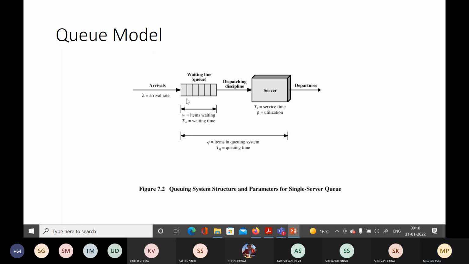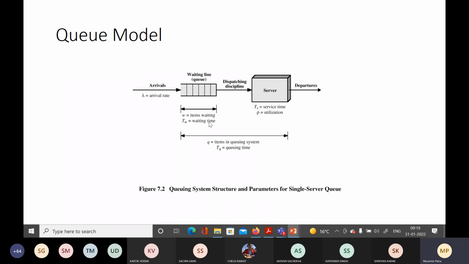So basically jobs are arriving, and they need to wait in the queue until their turn comes to be dispatched. W is considered as the number of items that are waiting in the queue, and TW is considered here as the amount of time that they need to wait.